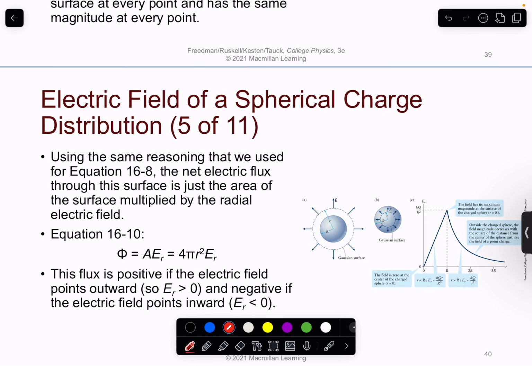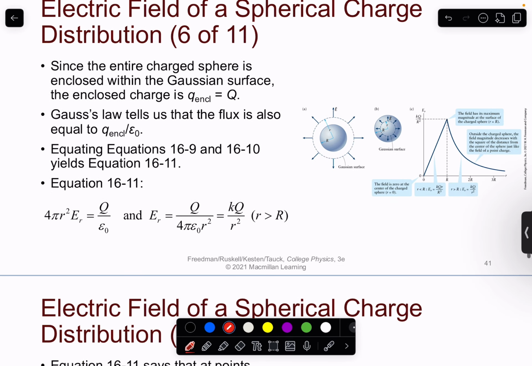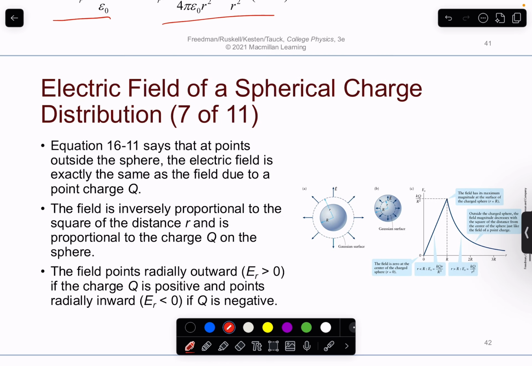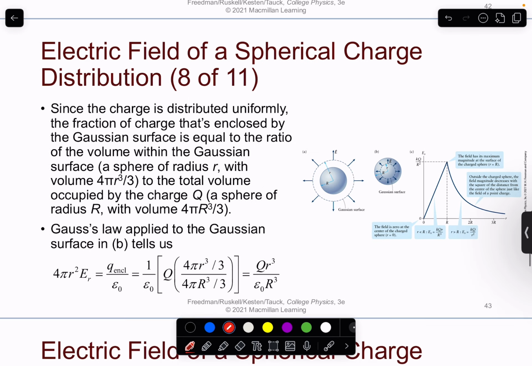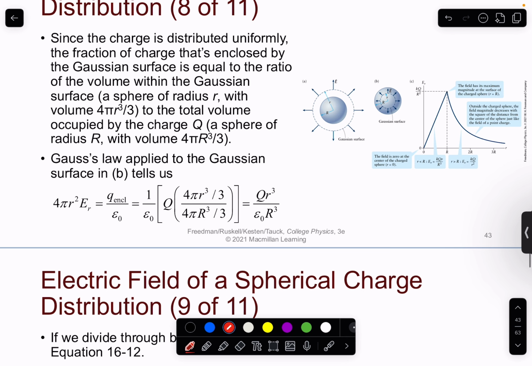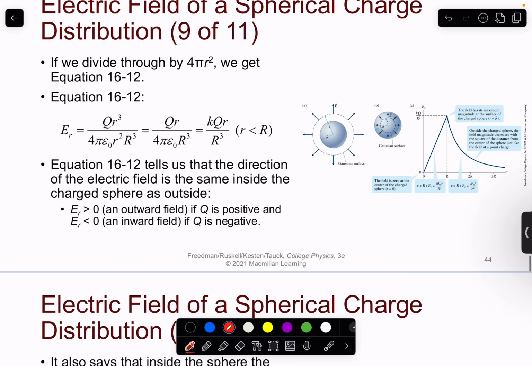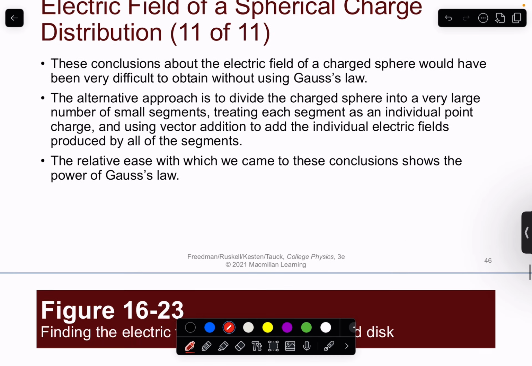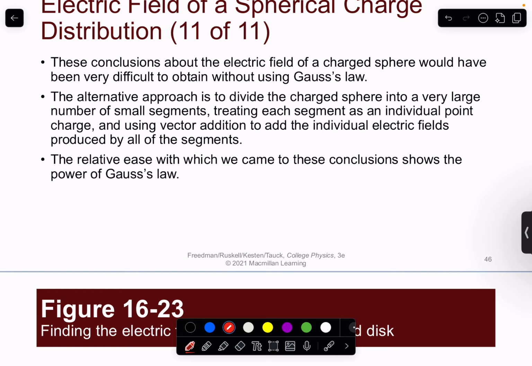So these slides, I just did it all for you in that one slide, but these go through all the steps that we just did together. So read through that. Here's our ratio of the volumes. We did all that, and there's our final result. We just did it all in one slide. I talked you through it.